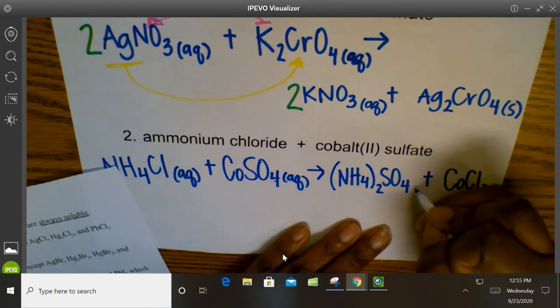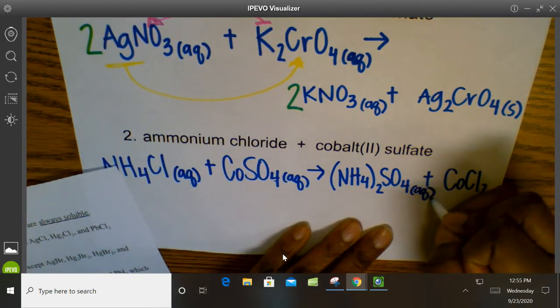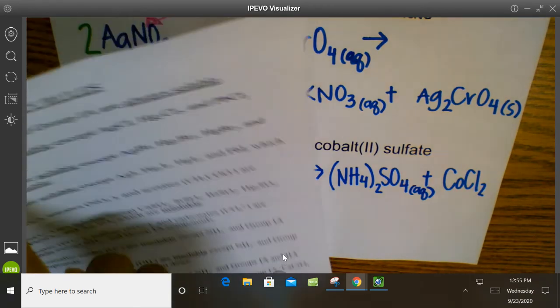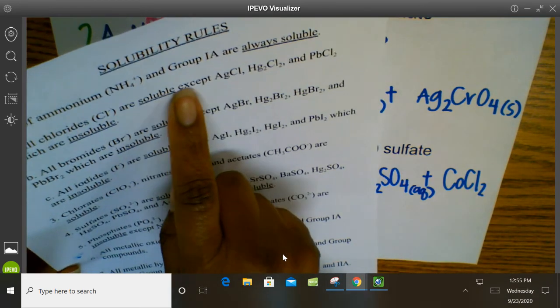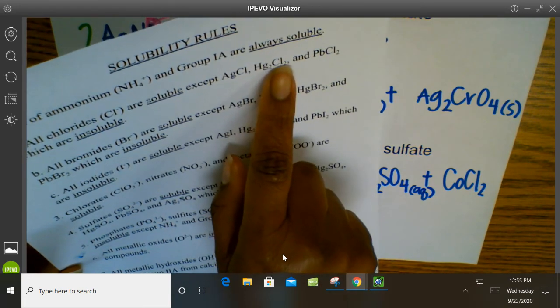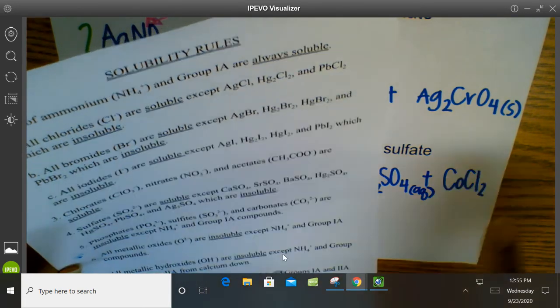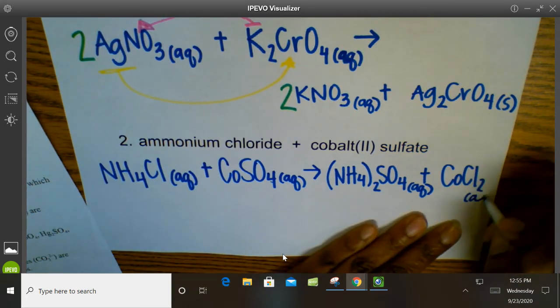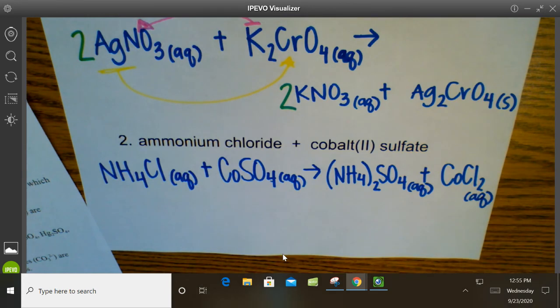So sulfate is aq. And then I look for my chloride. It says all chlorides are soluble except silver chloride, mercury 1, lead 2. That is cobalt. That doesn't count. So guess what? In this reaction here, they are both aqueous. All right? So let's continue working.